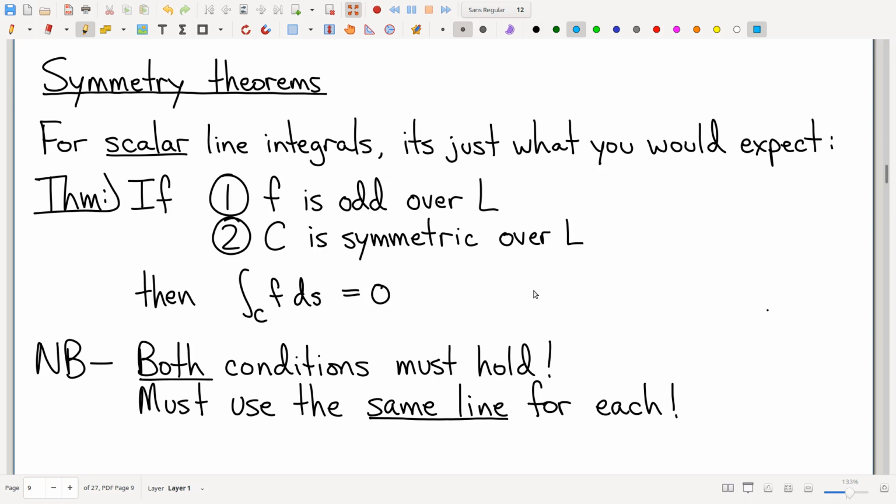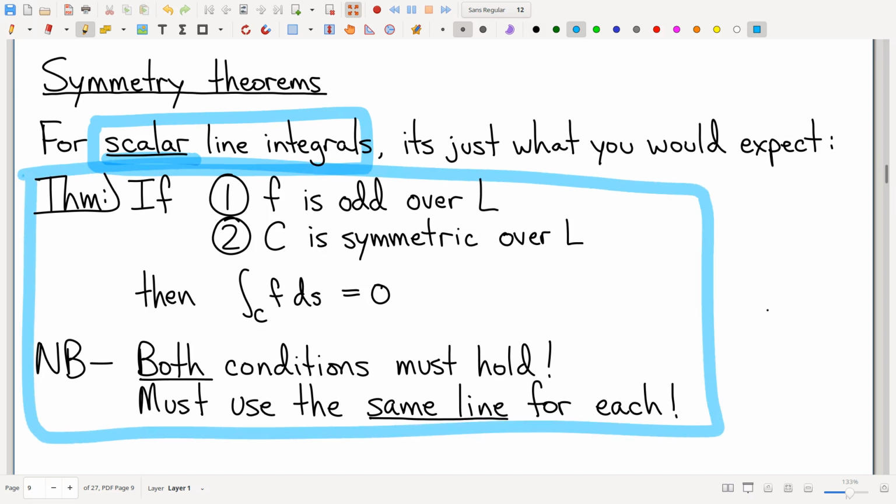Starting with the good news, if you are looking at a scalar line integral, then everything is exactly what you would hope it would be. We have a symmetry theorem. Namely, if your integrand is odd and if your domain is symmetric, then your integral is equal to 0, just as you would hope.